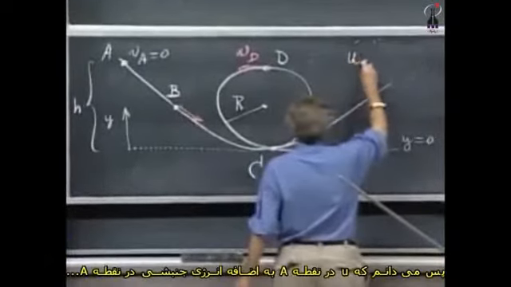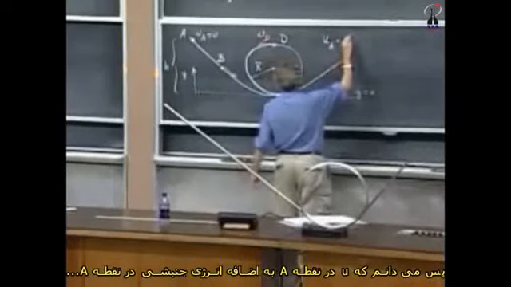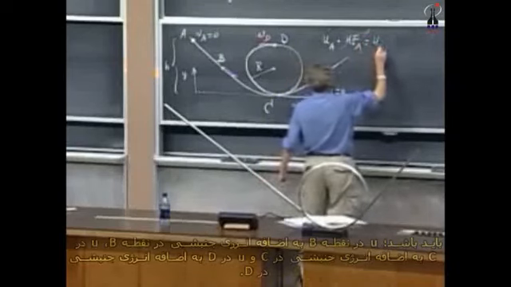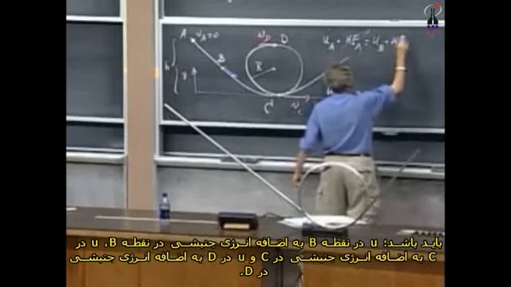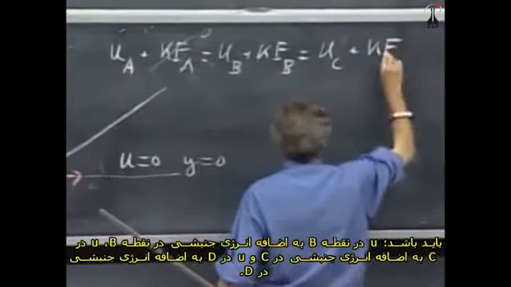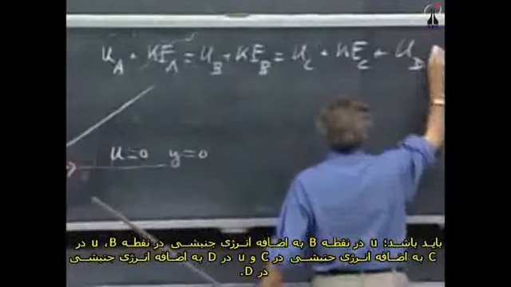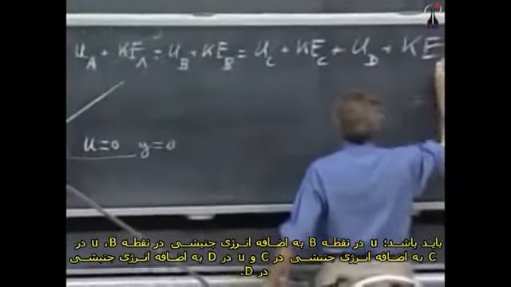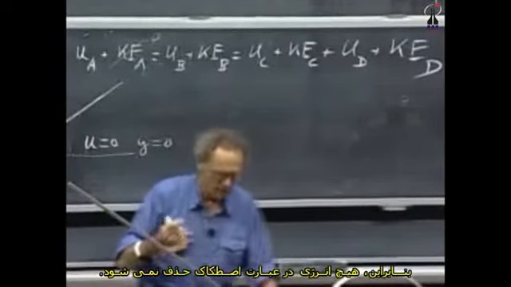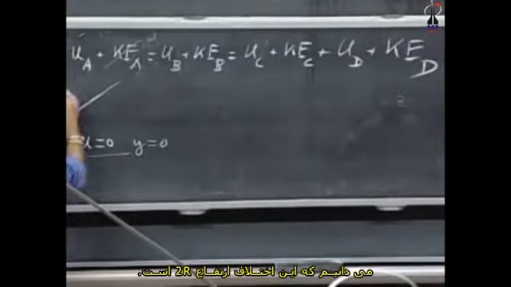So I know that U at A plus the kinetic energy at A, which is 0, must be U at B plus kinetic energy at B, must be U at C plus kinetic energy at C, must be U at D plus kinetic energy at D, if there is no friction, if there are no other forces, only gravity. So we lose no energy to friction. We know that this height difference is 2r.